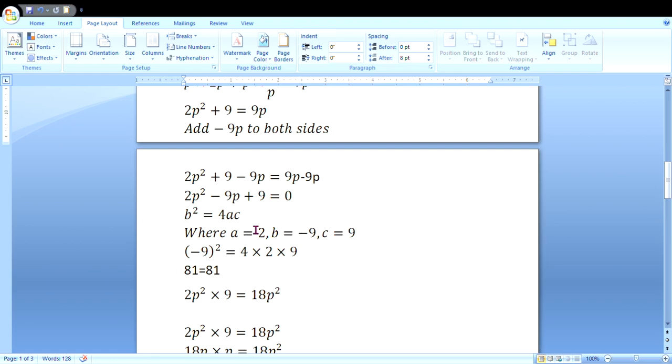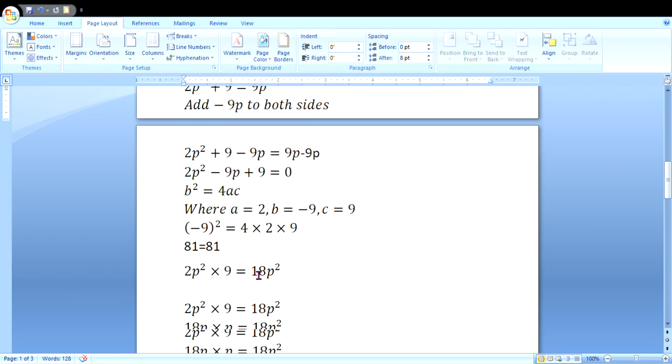Now, this is a typical quadratic equation. For us to solve by using factorization, let's test if this expression is factorizable by using the expression b squared is equal to 4ac, where a is 2, b is minus 9, and c is equal to 9.